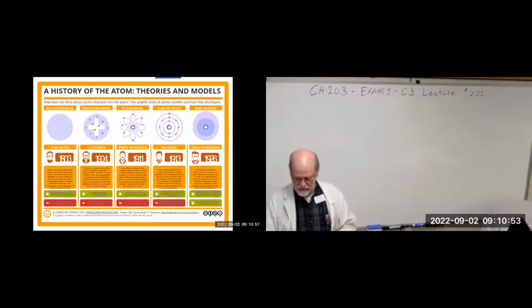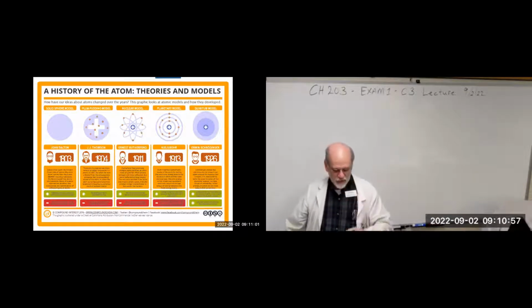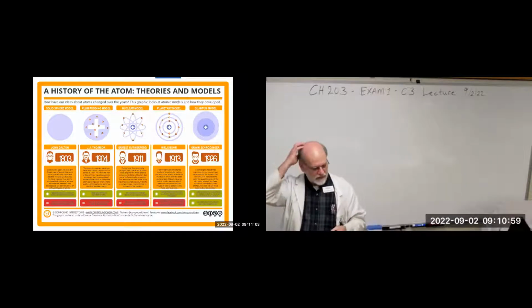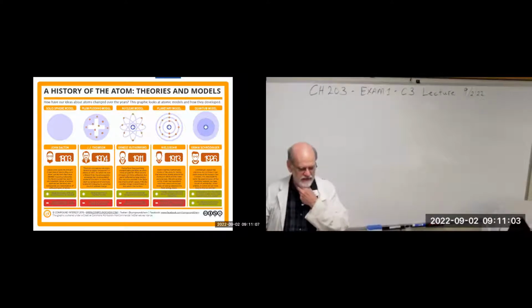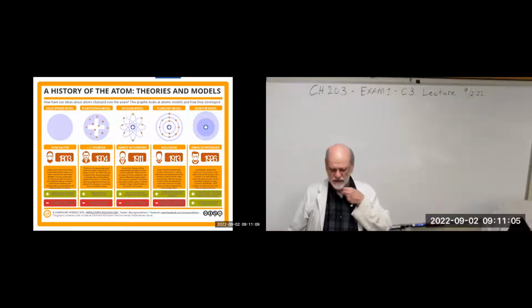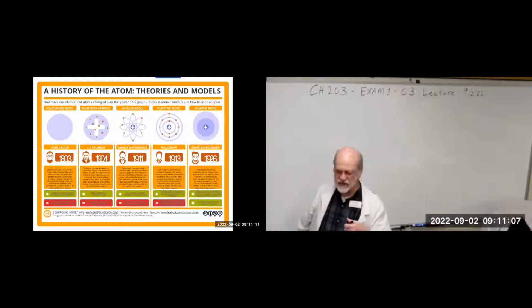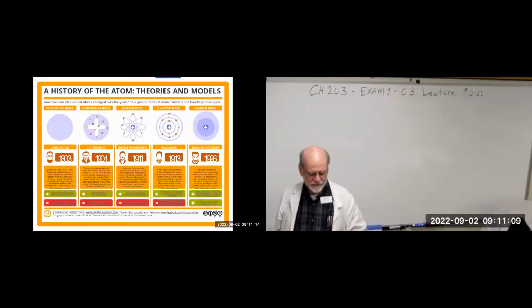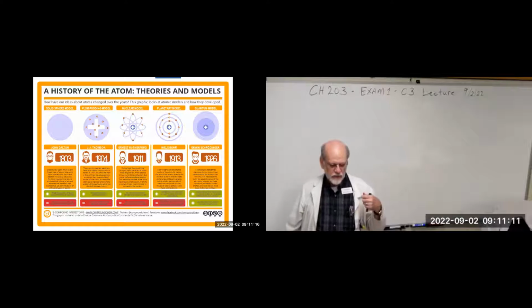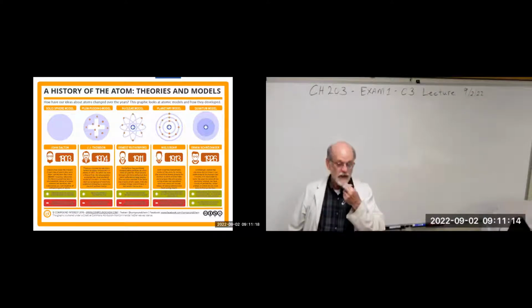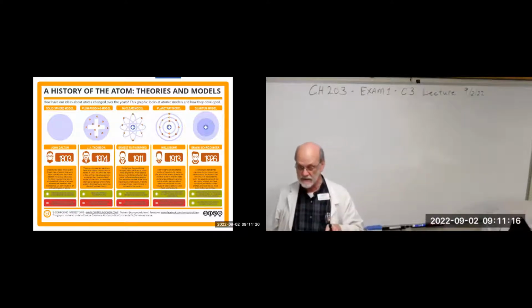So let's move to a little history. What do we know about the atom? Well, in the early 19th century, John Dalton, who was a British scientist, proposed a model for the atom, a model for matter, actually.